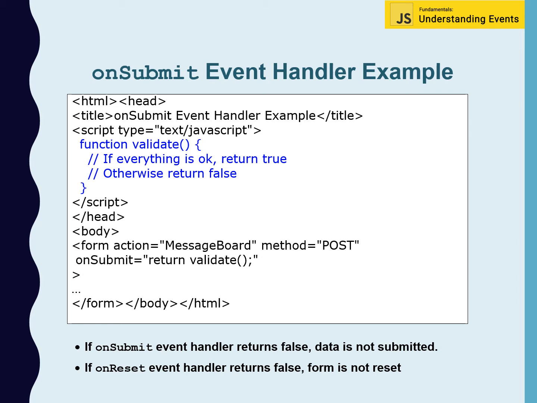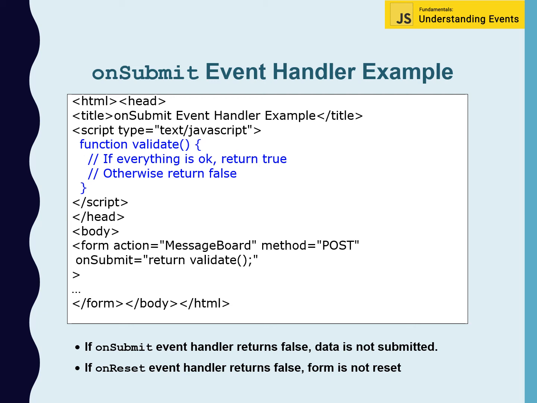Whenever this form is submitted with the help of a submit button, the validate function of the JavaScript will work. If the form has good values for all the components, it will produce a true value. Otherwise, it will produce a false value.